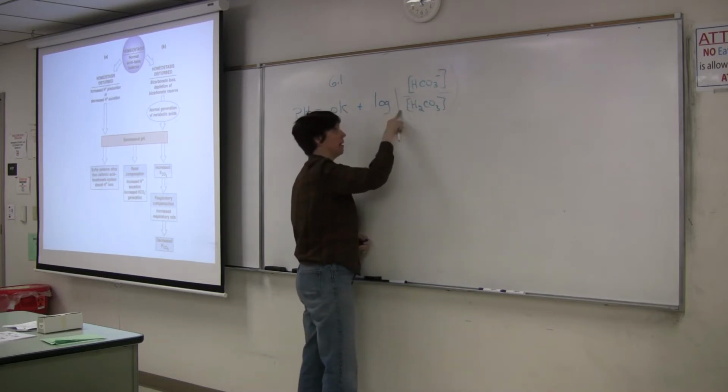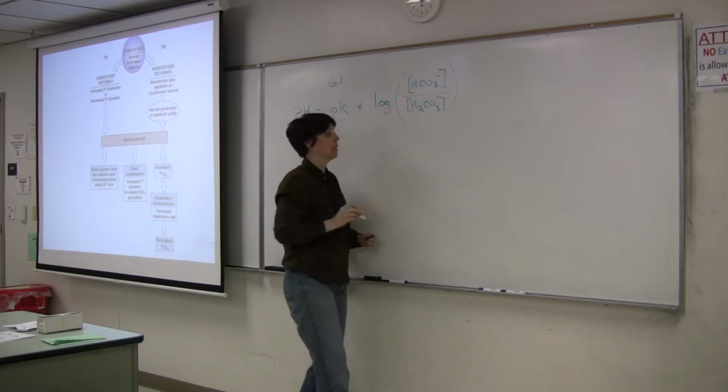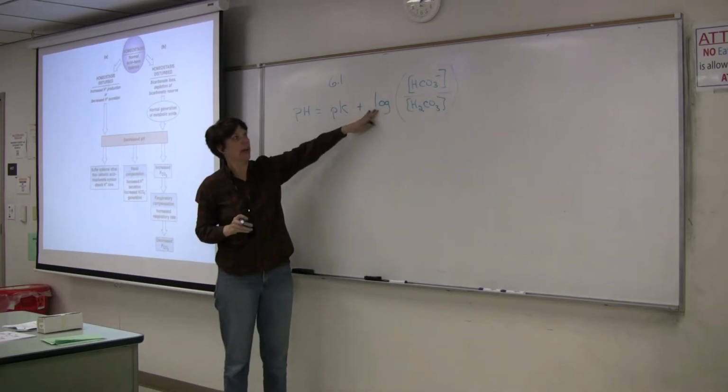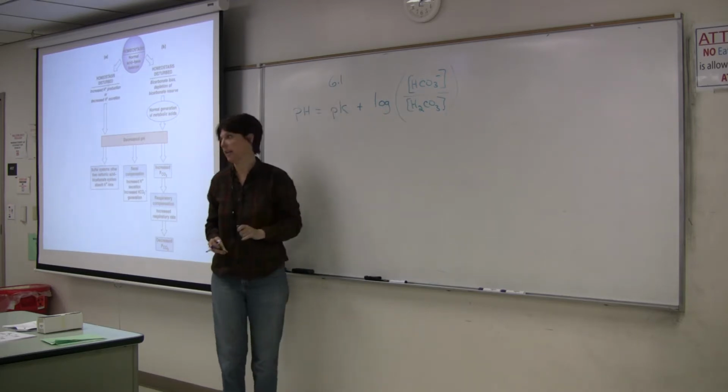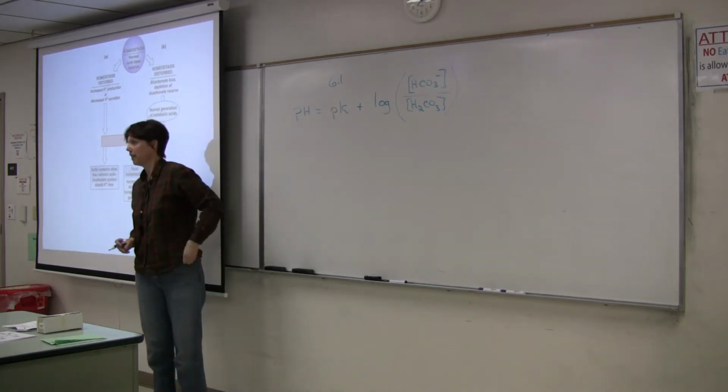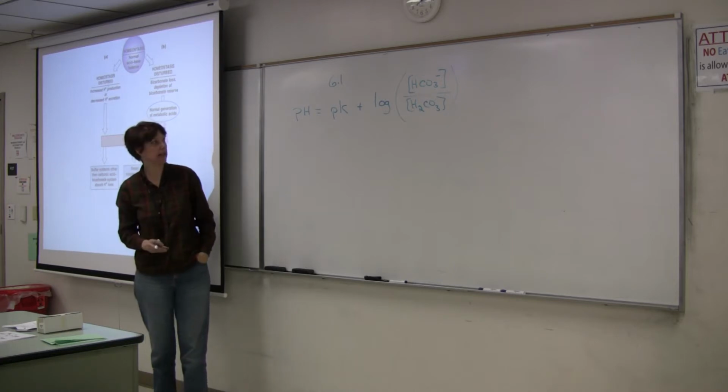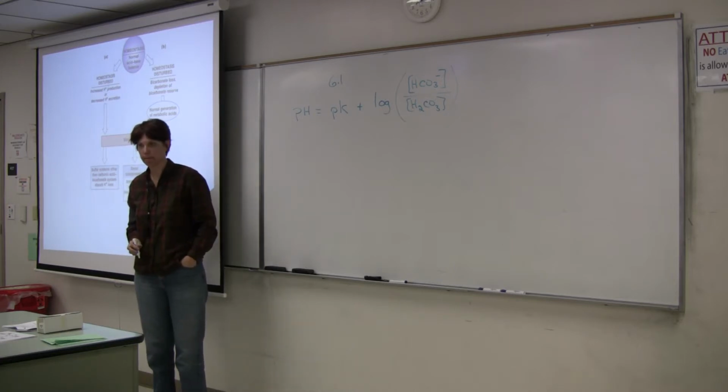Once we take that relationship, divide those two numbers, get their log, we add it to 6.1, and we get the pH of a solution. So that's the Henderson-Hasselbalch equation.